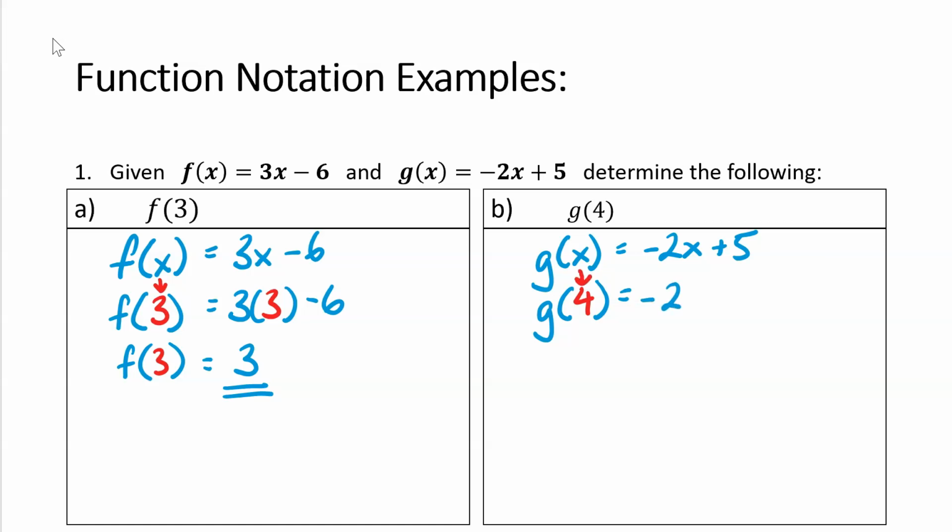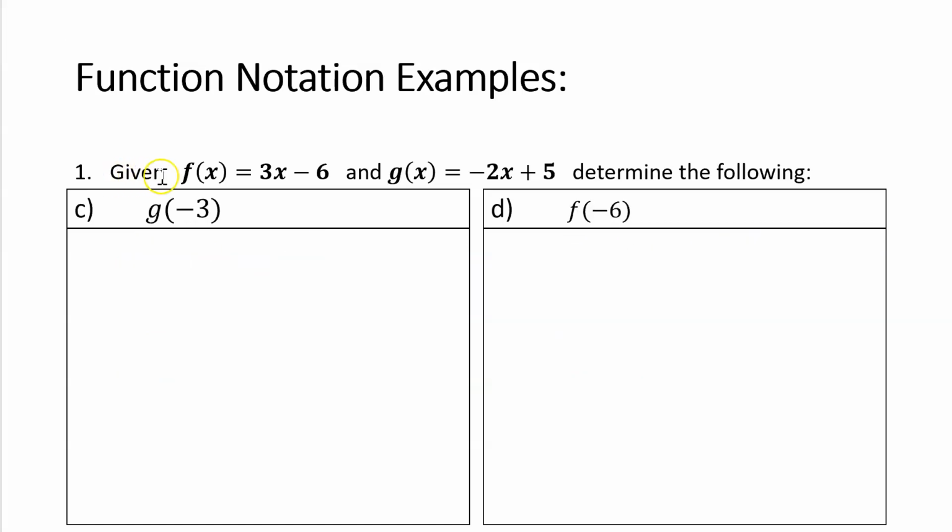So here you have negative 2 times x, which you're saying is 4, plus 5. So let's evaluate that. Negative 2 times 4 is negative 8. Add 5, that's negative 3. So your function g, when your input is 4, gives you an output of negative 3.